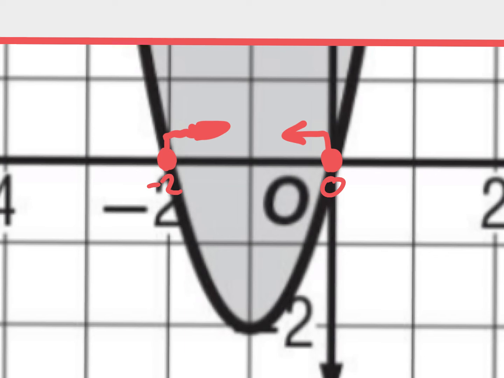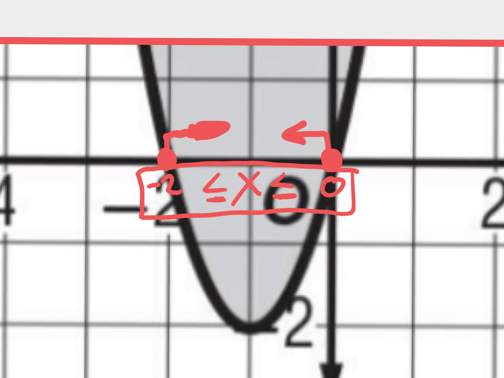So how do we do that? You simply put x in the middle and then put less than symbols. But then because this is a solid parabola, you're going to put or equal to. So there's your compound inequality answer: -2 is less than or equal to x is less than or equal to 0. Now, if this would have been a dotted parabola, then you would have just used the less than symbols, you wouldn't put a solid line underneath your inequality.